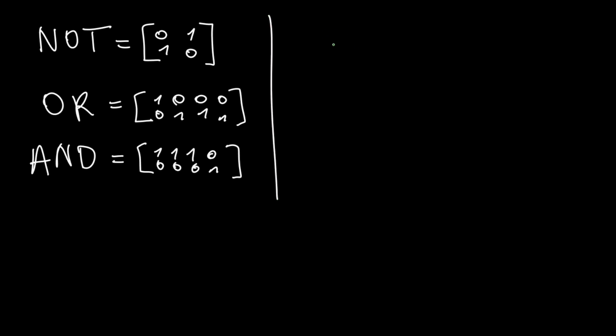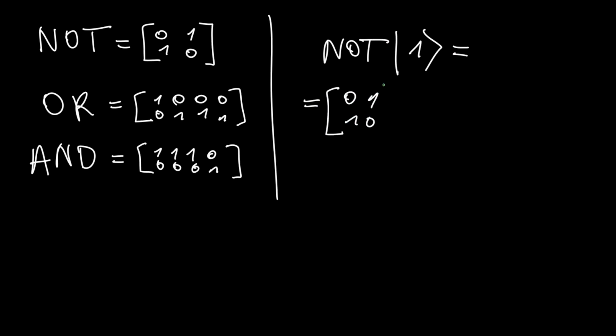In a basic electronics scheme, it would be having 1 and then doing the NOT gate. How does it look? For our notation, it's gonna be NOT 1. Let's expand it. NOT is this matrix. 1 is this vector.